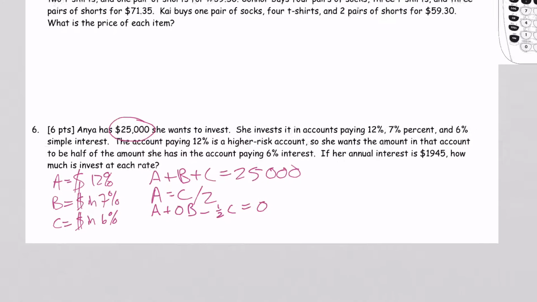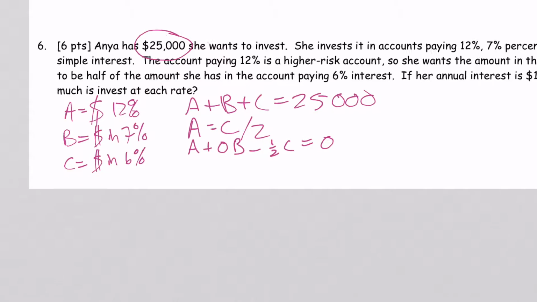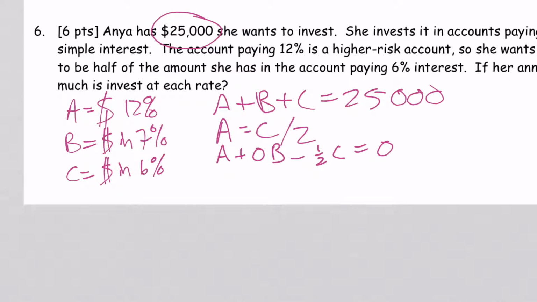Last equation now: her annual interest is $1,945. How much is invested at each rate? To get our last equation, we need to use the interest earned. So how much interest do I get based off of account A? Well, I get 12% of what I invest. So if A is the amount invested, then 0.12 times A is going to represent how much I make.